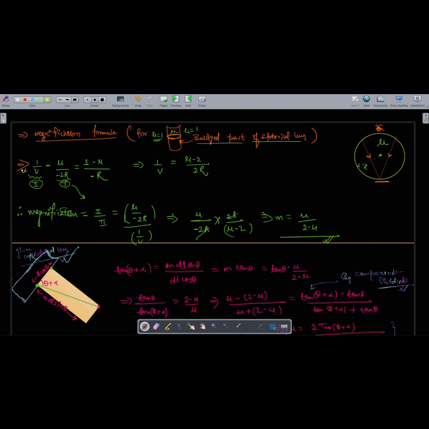For air, mu equals 1, and also mu equals 1. So 1 by v minus mu by minus 2r. Since the radius is given, let's say it's r, the net part will be 2r.